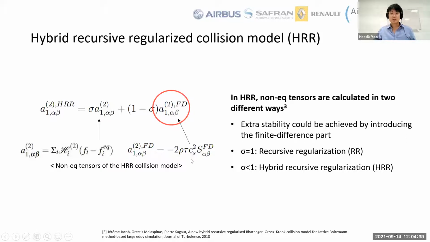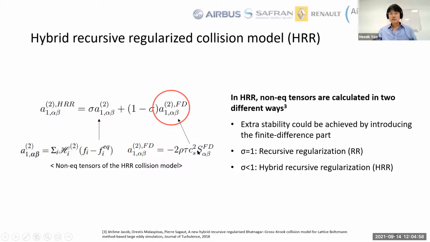So first we compute the shear stress from the finite difference scheme, and then using that value, we compute the second order moment. In the end, in the HRR method, the second order moment is a linear combination of the standard moment and the moment coming from the finite difference scheme.